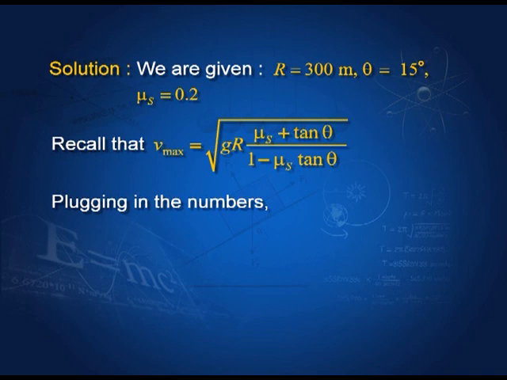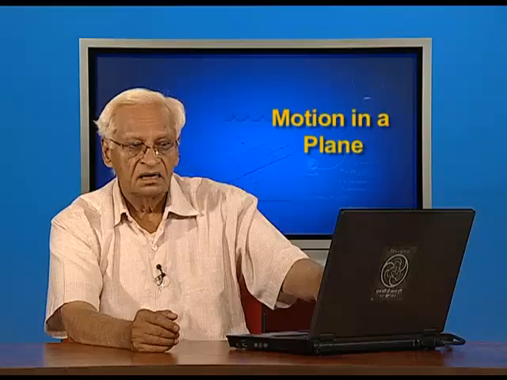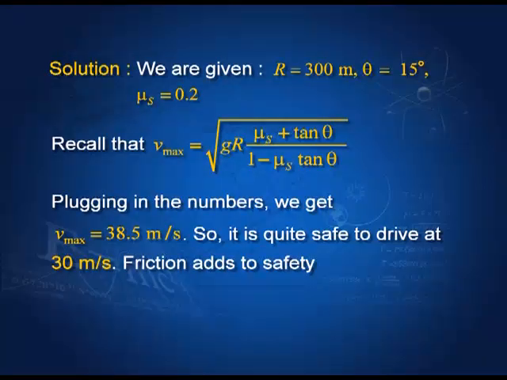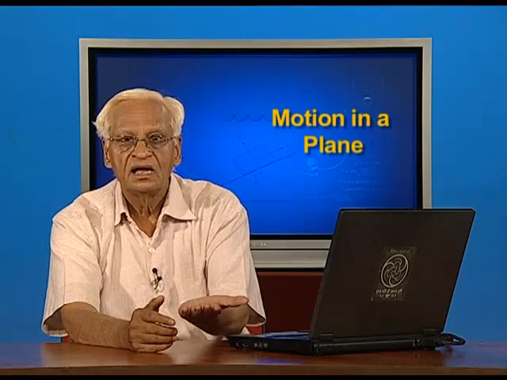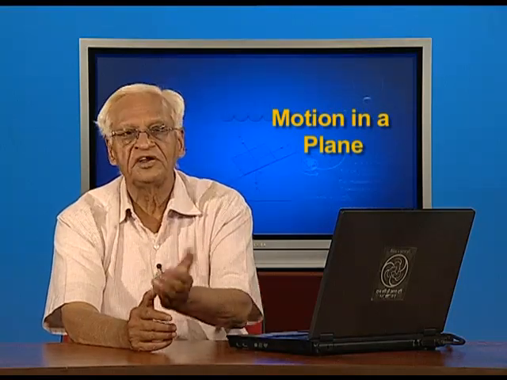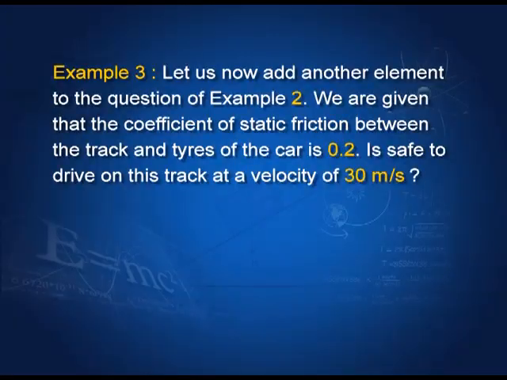Plug the numbers and you get V maximum equal to 38.5 meters per second, which is larger than 30. Therefore, it is safe to drive at 30 meters per second. And you notice one thing, that the addition of friction has increased the safety on that road. So, friction adds to safety. That is why tire companies spend so much money on advertising how their tires increase friction.